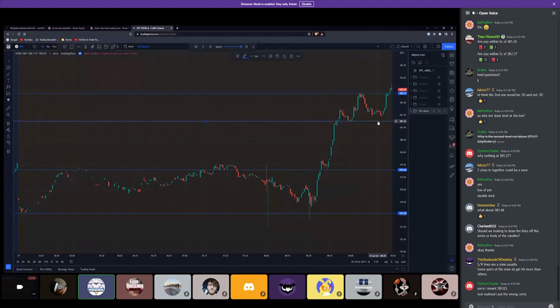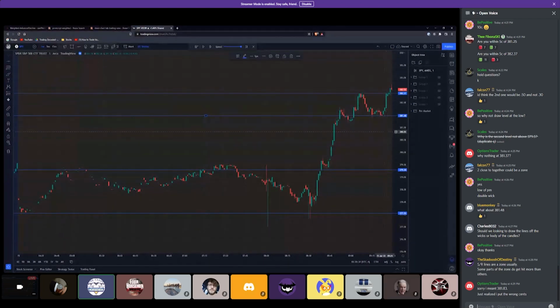You could draw the lines off of these wicks right here if you like. But if you moved them up to there, well, you have some wicks, you have some bodies, but you do have more touches. And I think touches is more important than wicks or bodies.